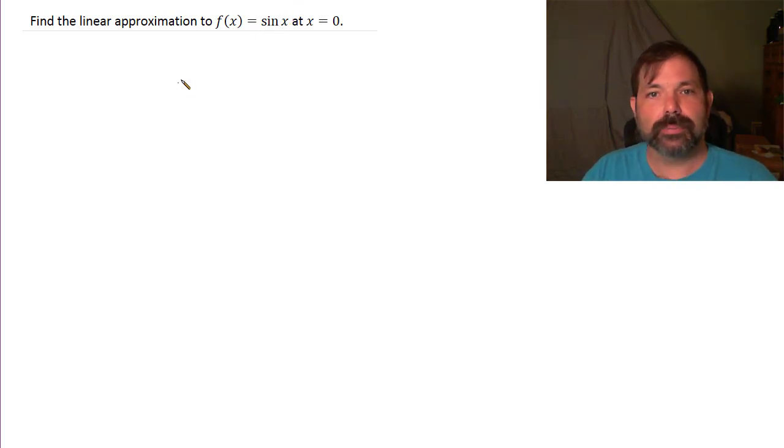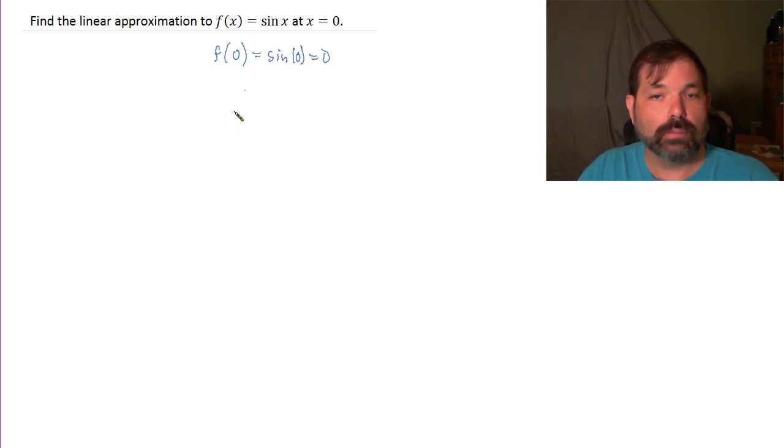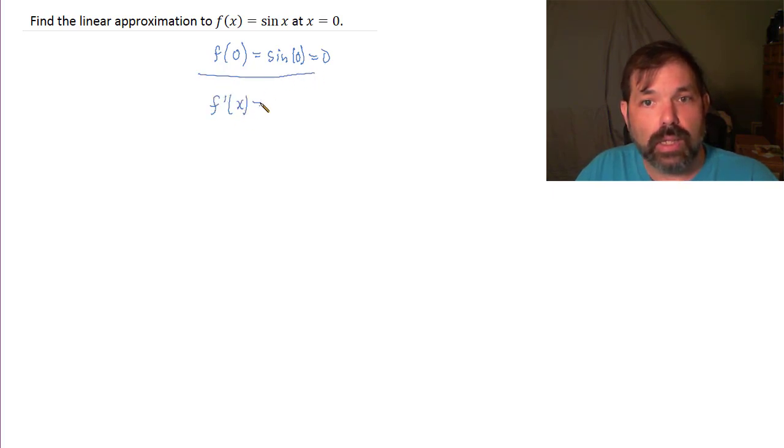Alright, so we know that at x equals 0, f of 0 is sine of 0, which is 0. f prime of x is cosine x, and f prime at 0 is 1.